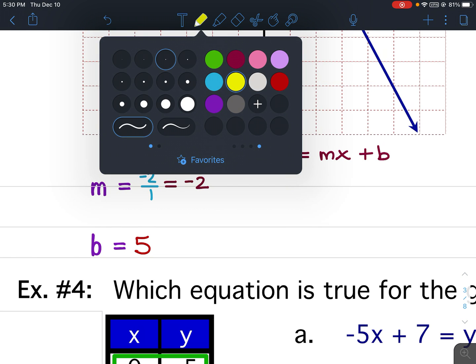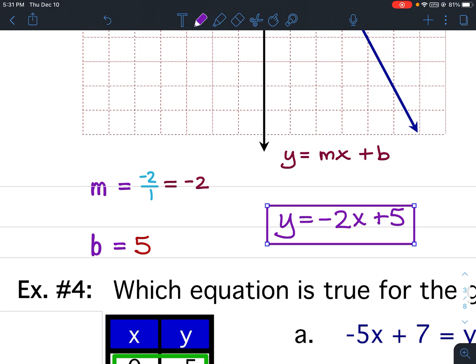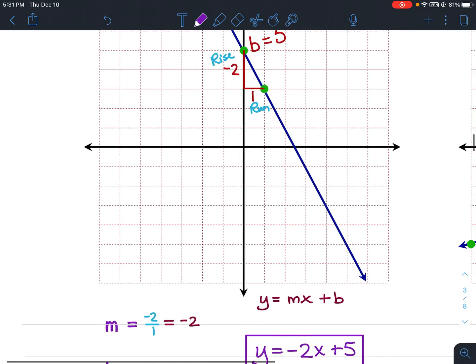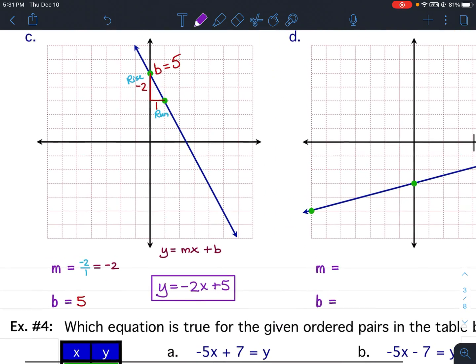So my equation would be y equals -2x, and since it's a positive 5, plus 5. Y equals -2x plus 5. Pause your video, make sure you have everything written down for problem C.